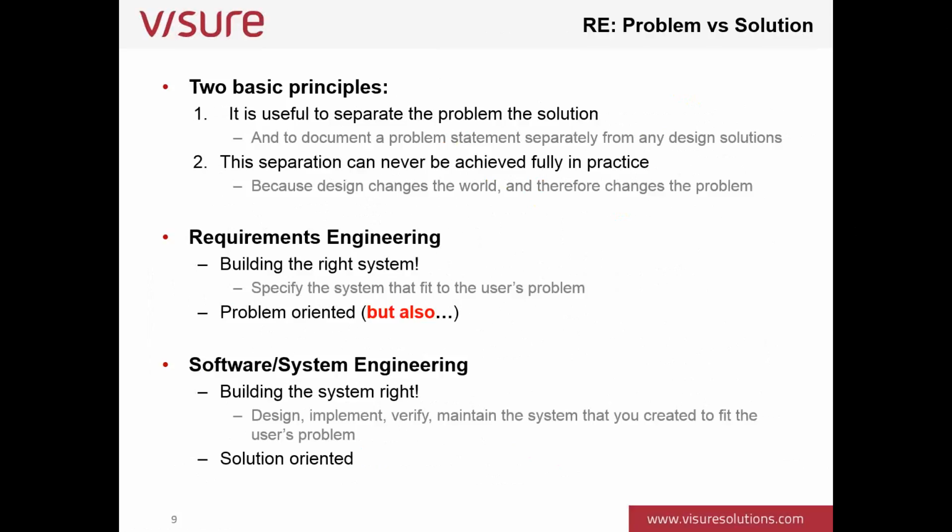Probably one of the most important, or one of the basic principles in requirements engineering, is talking about the problem and talking about the solution. It's always helpful to separate the problem and the solution.